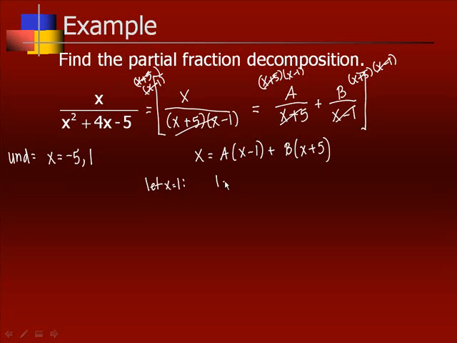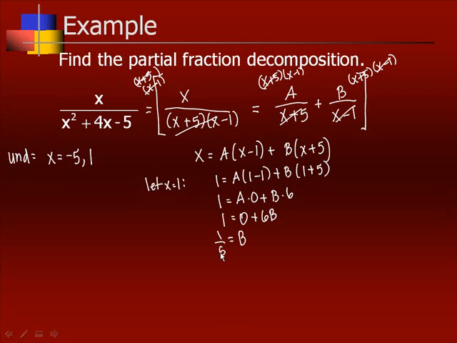Maybe it'll be a little bit easier. 1 equals A times 1 minus 1 plus B times 1 plus 5. So 1 equals A times 0 plus B times 6. So 1 equals 0 plus 6B. So B is equal to 1/6.